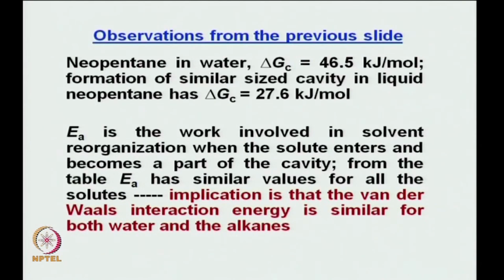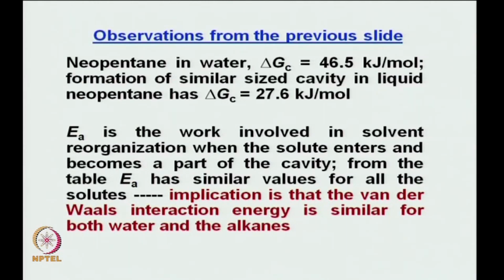So, just to look at the observations again from the previous slide. If you take neopentane in water, the delta Gc is 46.5 kilojoules per mole, and if you take the same neopentane and put it in liquid neopentane, delta Gc is 27.6 kilojoules per mole, right.